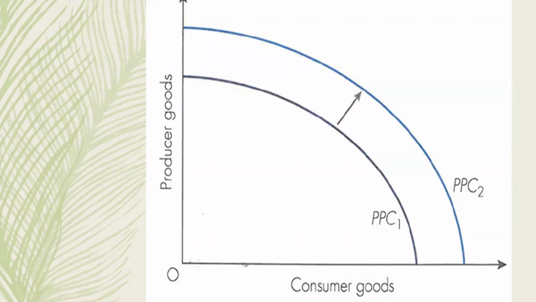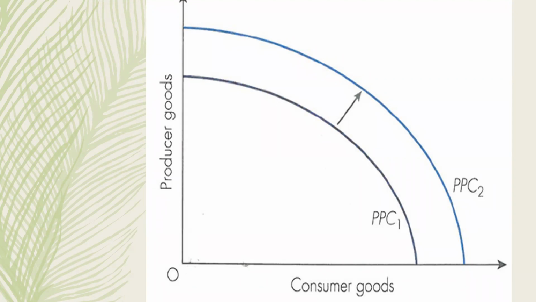So this was our initial PPC. And it just so happened that we could increase our resources. We discover more resources, and because we discover more resources, capital goods add to the productivity of the country.